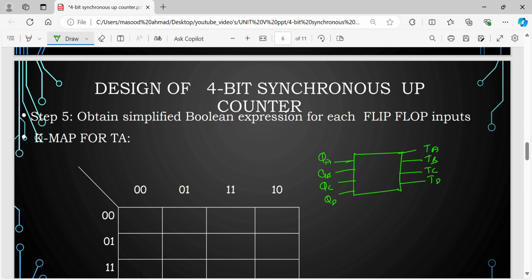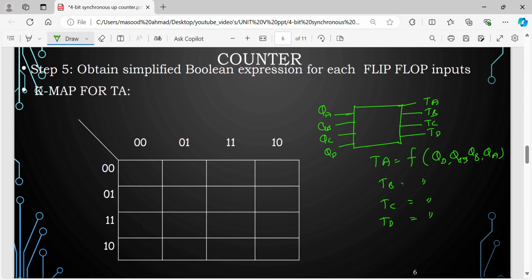Okay. So what I can say is TA is a function of QD, QC, right, comma, QB and QA. It is valid for the rest of the cases, TC and TD. Okay, that is the reason why we are processing that.